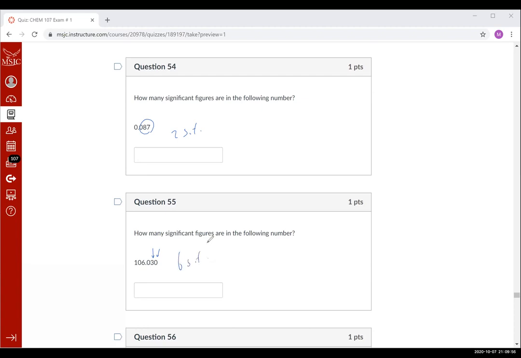So this number would have 6 significant figures. Does that make sense? Any questions on these examples? Okay, let's keep going then.